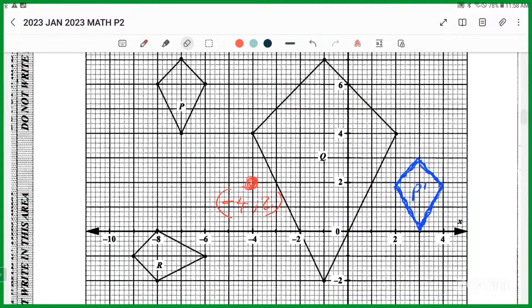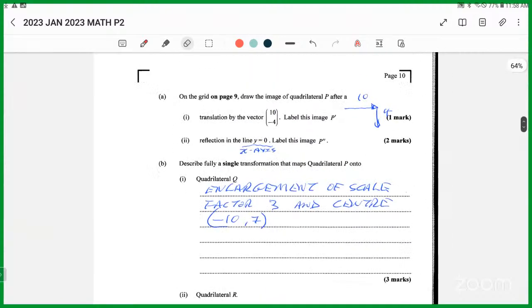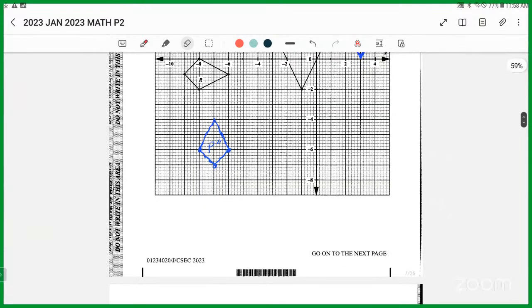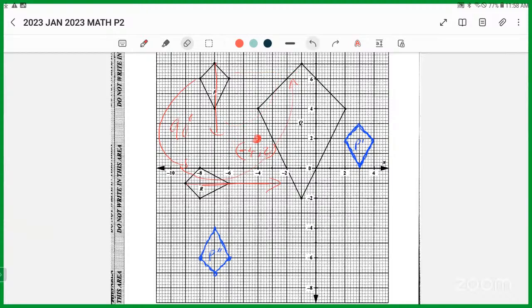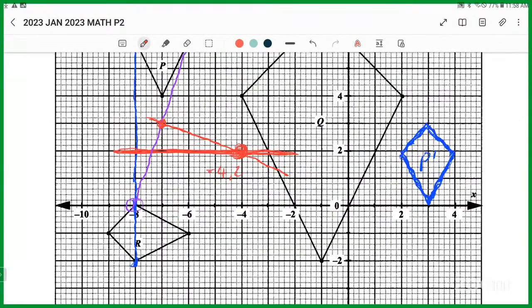So let's try it. Anti-clockwise 90 degree rotation about the point negative 4, 2. All right, so this point is negative 4, 2, the center of the rotation.